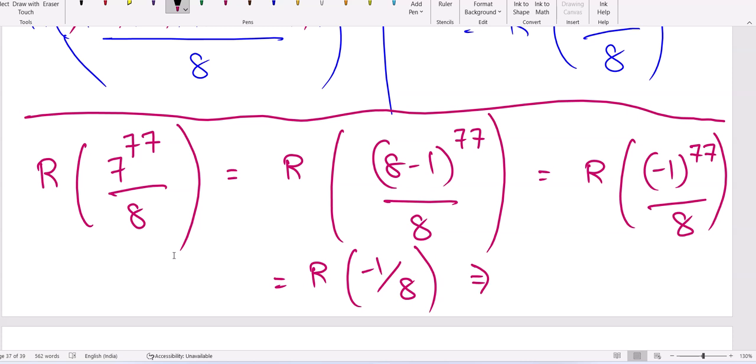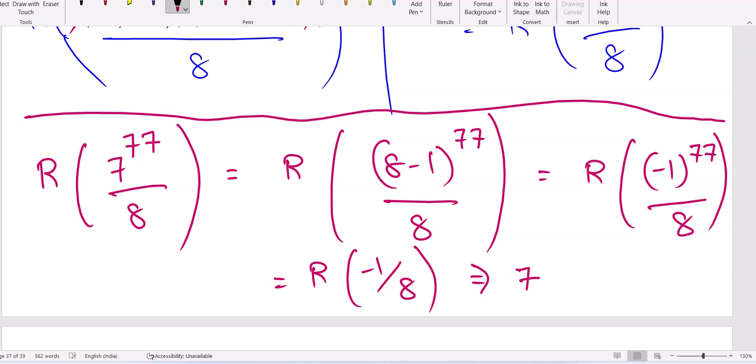Same answer you will get, but it will take more steps. So now minus 1 divided by 8 means, minus 1 cannot be divided by 8. Your answer should be always positive, means 1 short of 8. What is 1 short of 8? If it is minus 2 divided by 8, then what should be your answer? 2 short of 8, answer should be 6.